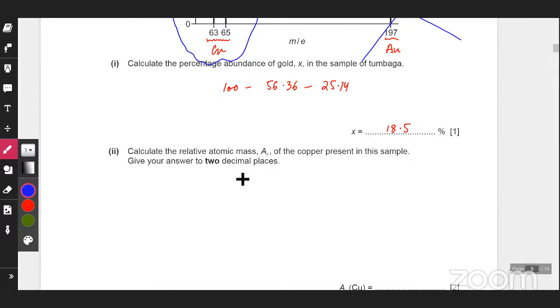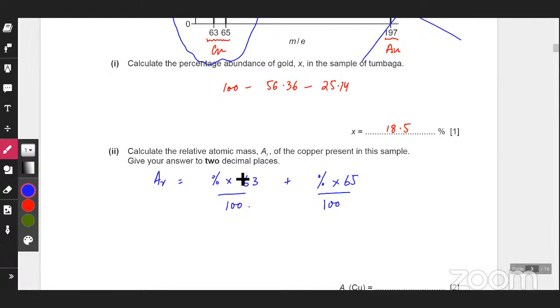The relative atomic mass is calculated by multiplying the fractional percentage of the isotope of copper by 63, plus the fractional percentage of the other copper isotope multiplied by 65. The fractional percentage would be over 100.